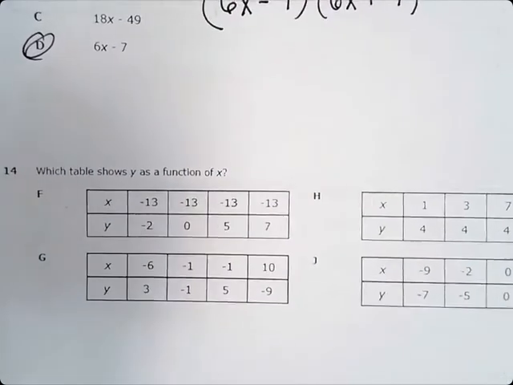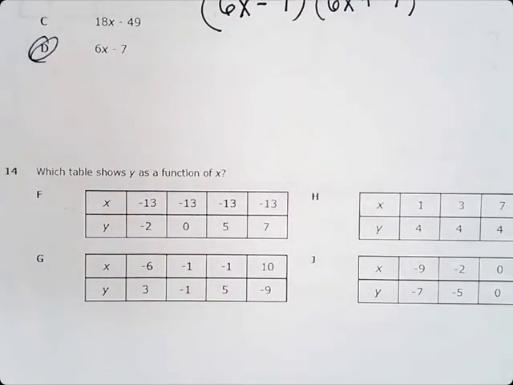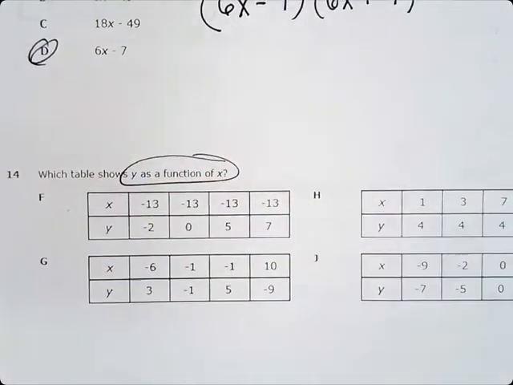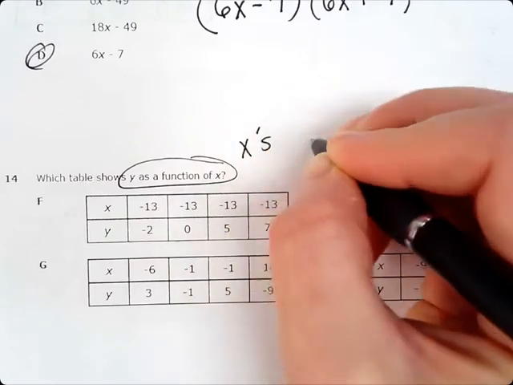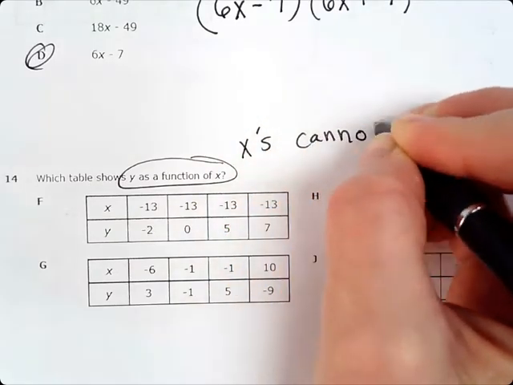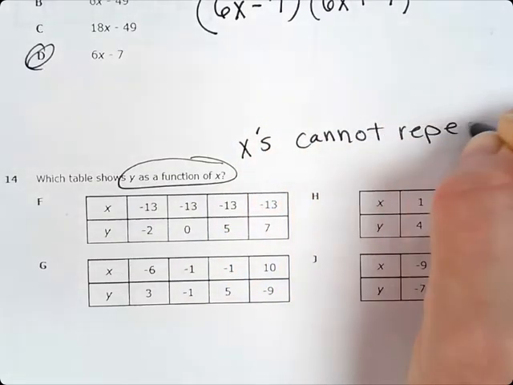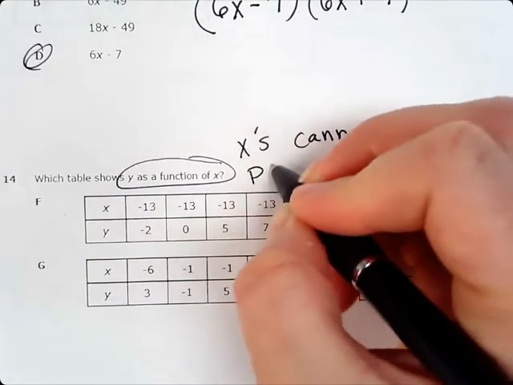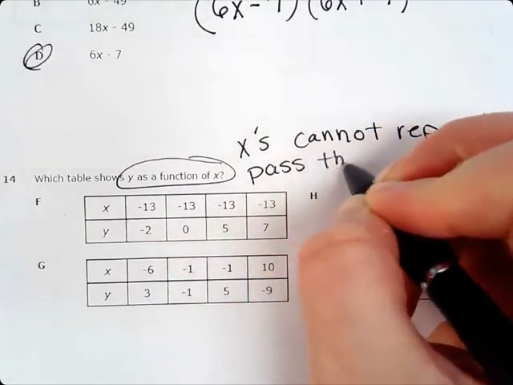Something to remember about 14, it says which table shows y as a function of x. So remember, to be a function, x's cannot repeat. And it must pass the vertical line test.